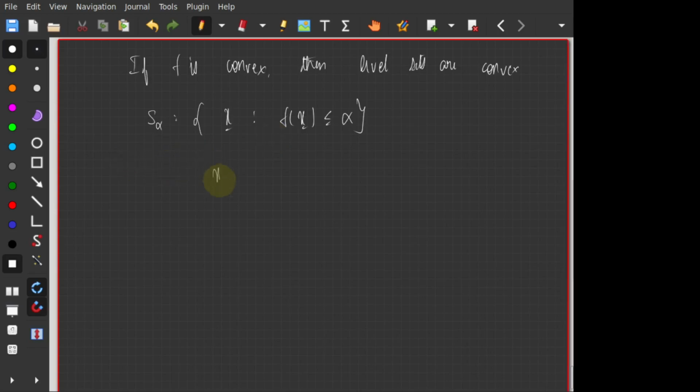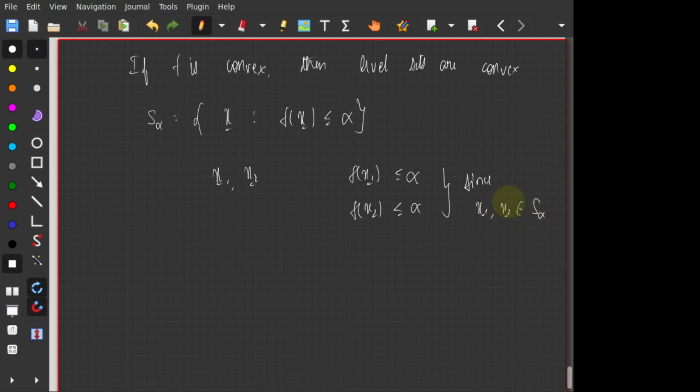Let's take any x1, x2. We know that f of x1 is less than or equal to alpha, and f of x2 is also less than or equal to alpha, just because they lie in S alpha.